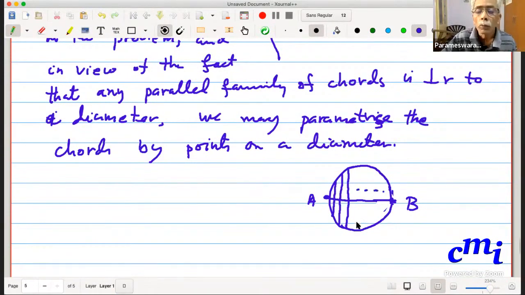Now, each one of these, of course, meets the diameter at exactly one point because I look at those which are perpendicular to the diameter. So points on a diameter AB. This is the first thing. Now, from geometry, very simple geometry, I'll come to that.